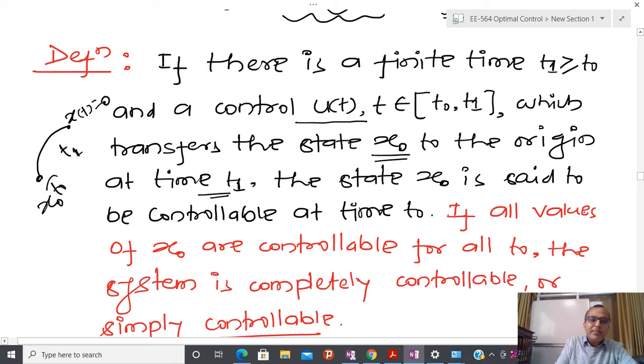I started my experiment at t0, and I want to move to t1 in finite time. Then we say that the state x0 is controllable at time t0. If all values of x0 are controllable for all t0, then the system is called completely controllable. So this is the definition.